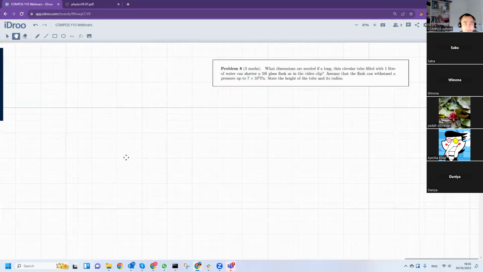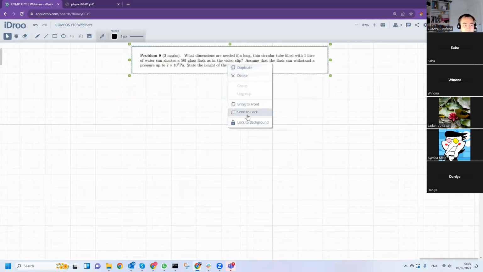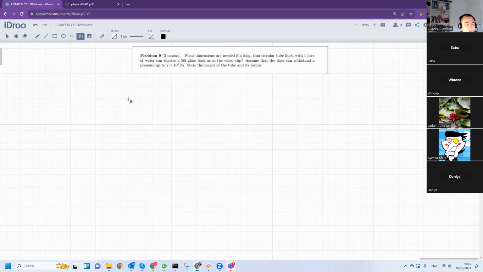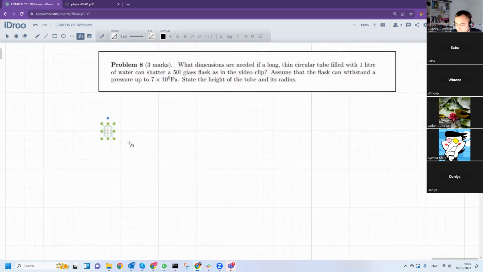What dimension is needed if a long, thin circular tube filled with 1 liter can shatter a 50 glass flask at a video clip? Okay. I'll rephrase this. I'll ask a different question.